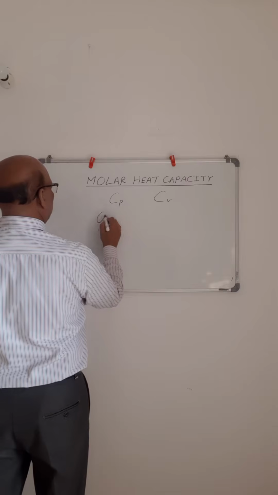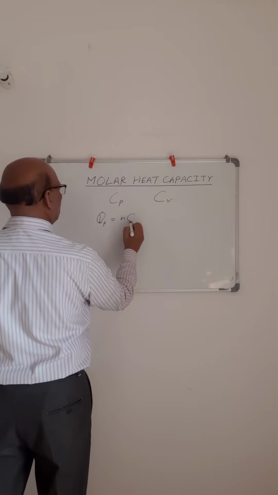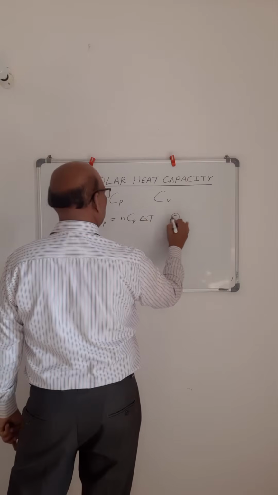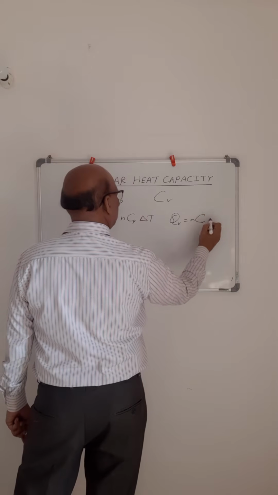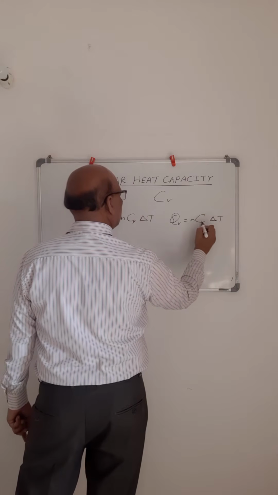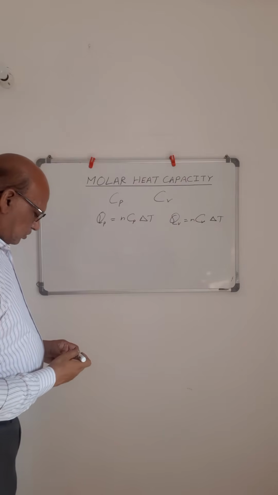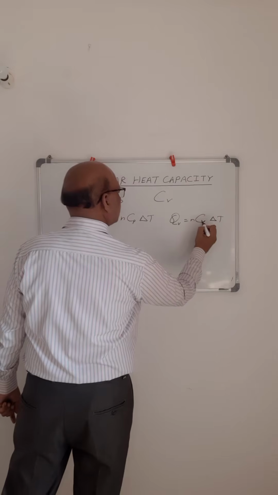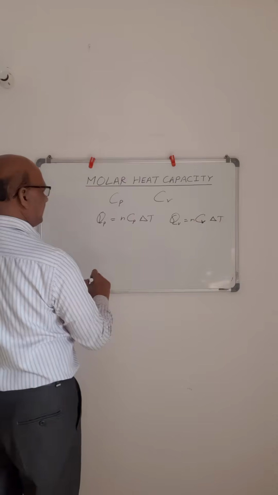As we know, heat supplied at constant pressure equals n Cp delta T, and heat supplied at constant volume equals n Cv delta T, where capital Cp is the molar heat capacity at constant pressure, capital Cv is the molar heat capacity at constant volume, and n is the number of moles of the gas.